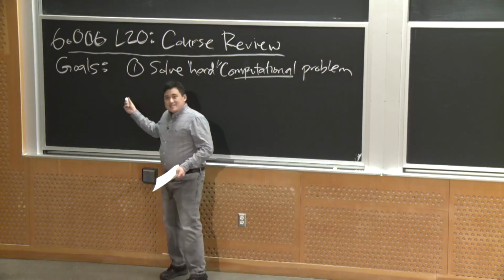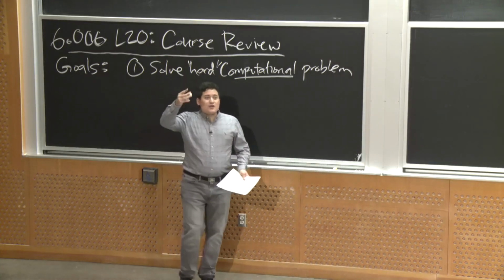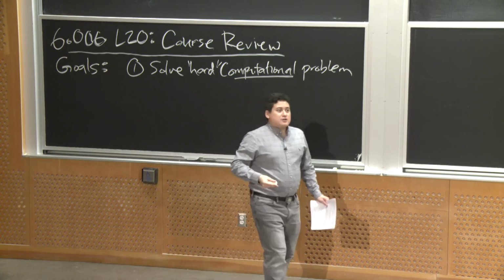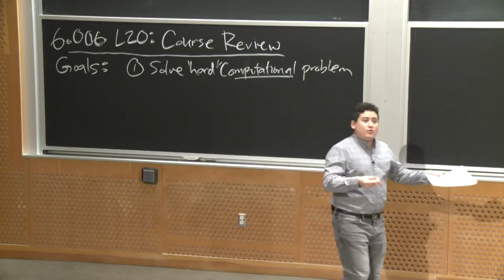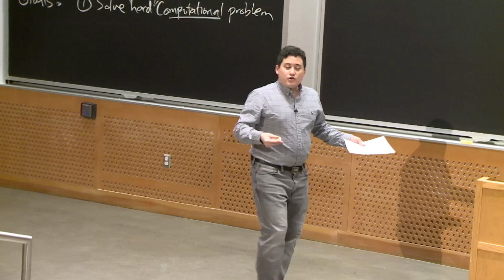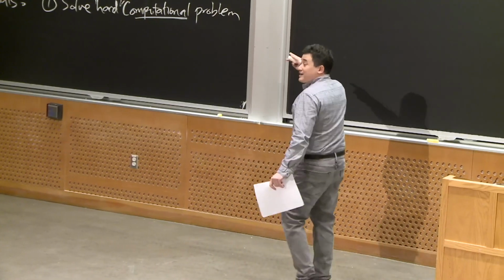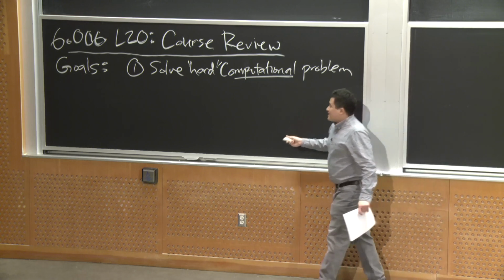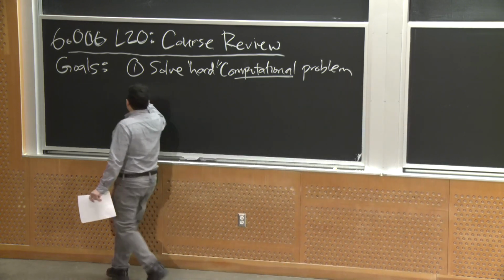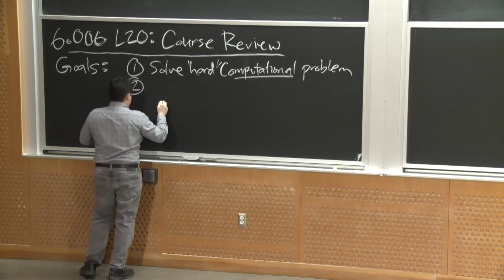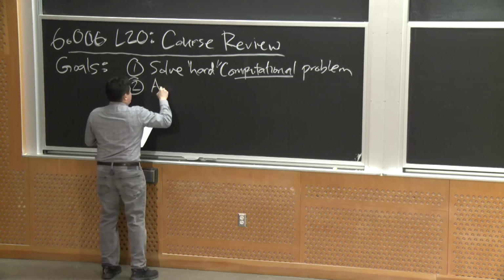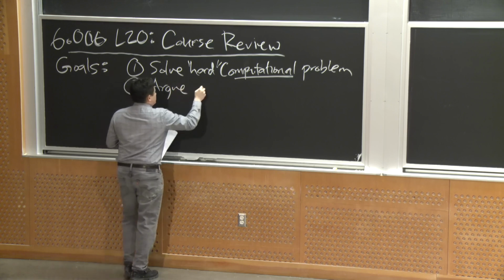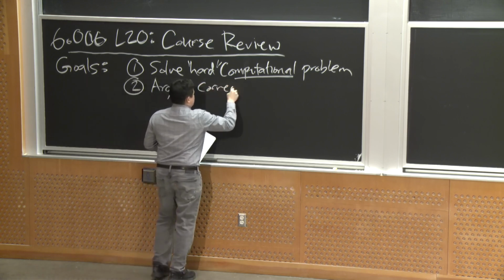But really what this class is about is 2 other things, which is more about communication to people rather than computers, right? Your algorithm might be correct or efficient, but you need to be able to communicate that to humans, and that's what the other 2 goals are, right? So second one is argue correctness.